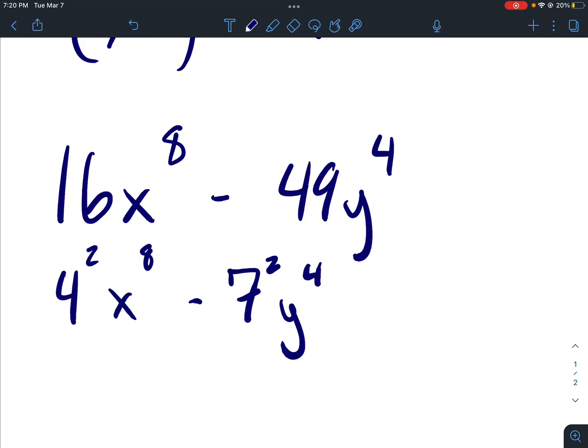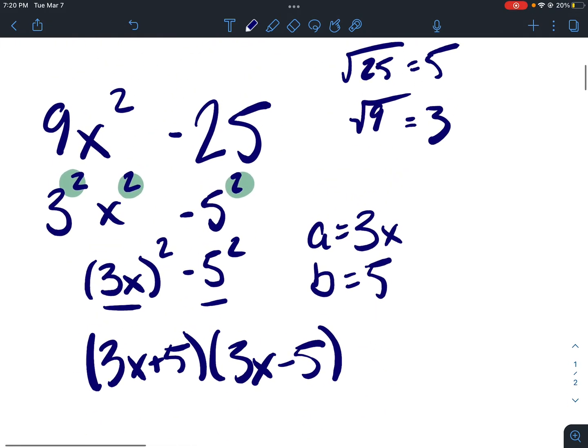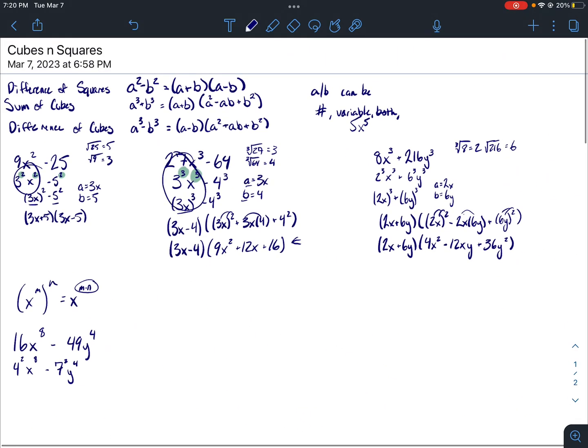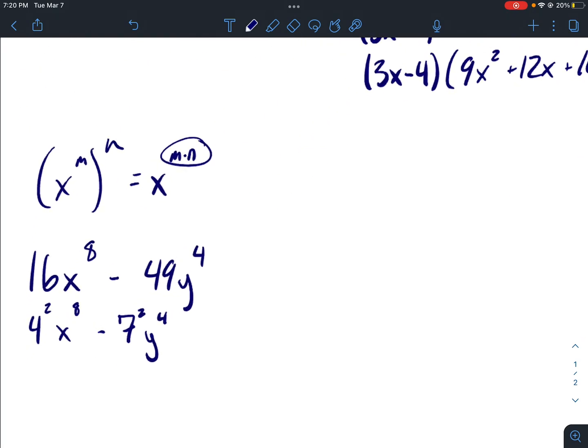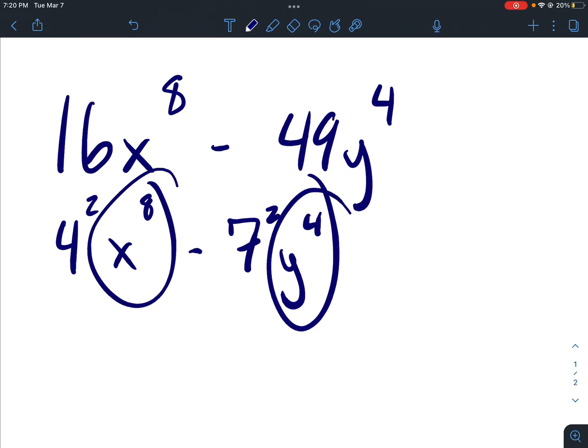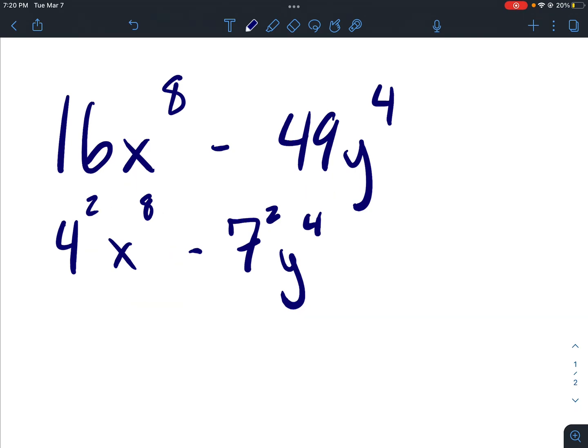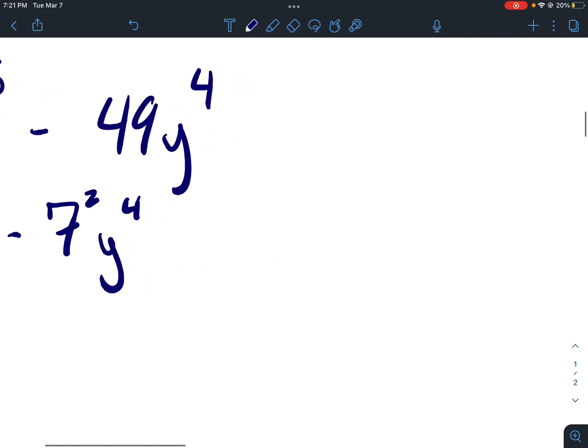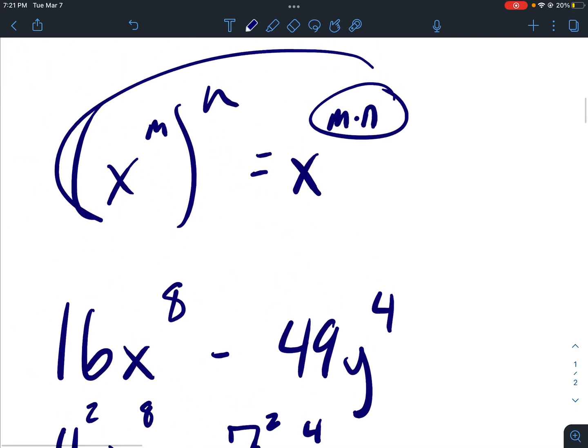So I know that to do this factoring out step that we've been doing here, here, and here, we're going to need to rewrite x to the 8th and y to the 4th as something squared. So let's think about our rule up here.